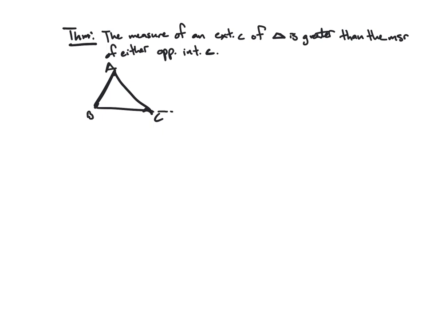And what we want to show is that the measure of angle ACD is greater than the measure of angle, let's say BAC, to start. We could do either one, but for now we'll just do that one, and then you can do a similar construction to find the other one.